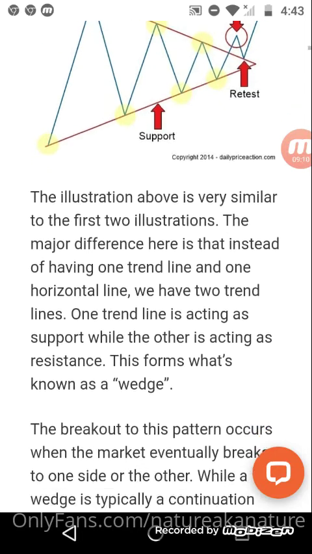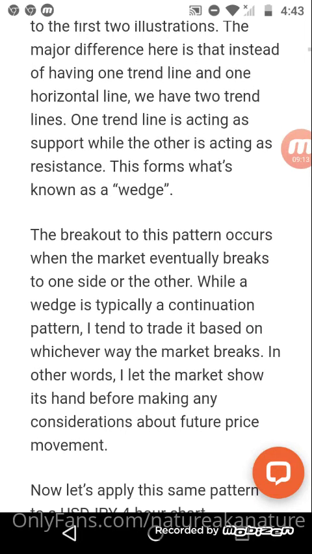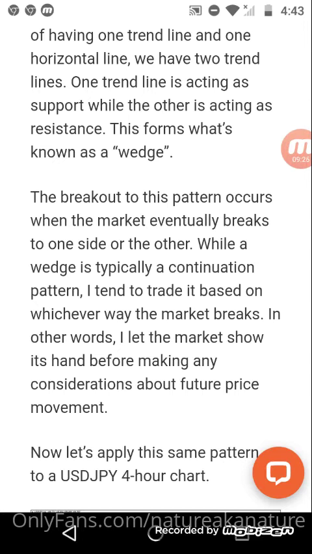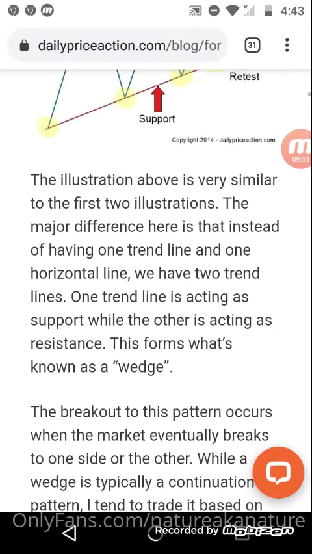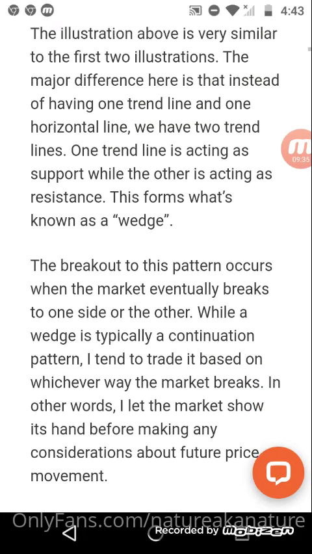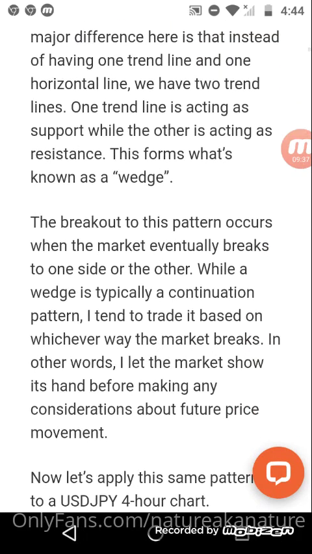The breakout to this pattern occurs when the market eventually breaks to one side or the other. While the wedge is typically a continuation or consolidation pattern, I tend to trade based on whichever way the market breaks.